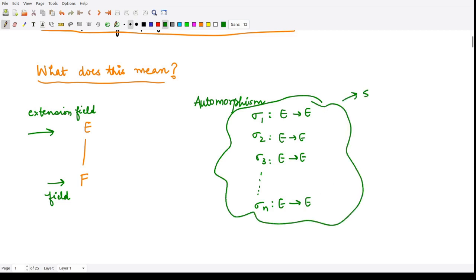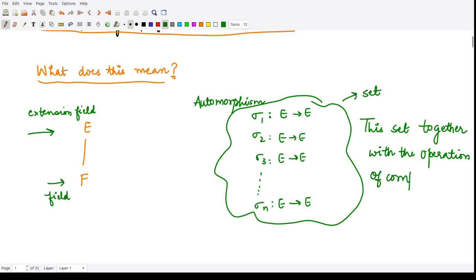This set, together with the operation of composition, forms a group.